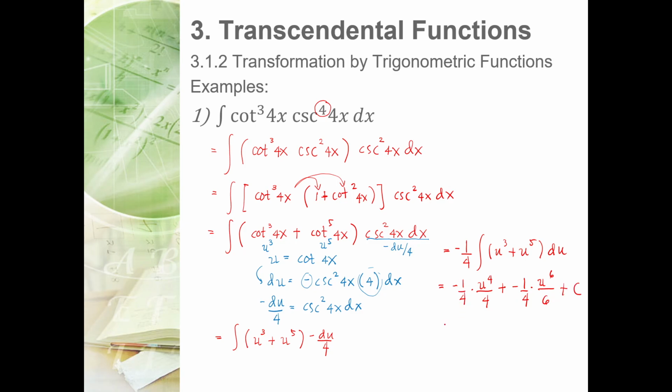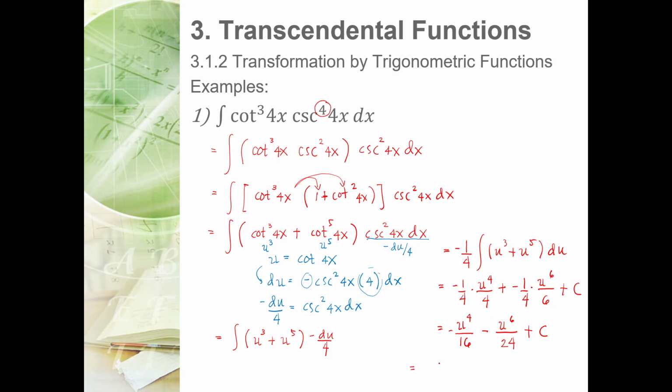So that would be negative u to the power of 4 over 16, right? 4 times 4 is 16. Plus minus, so this is minus u to the power of 6 all over 4 times 6, that would be 24, plus c.